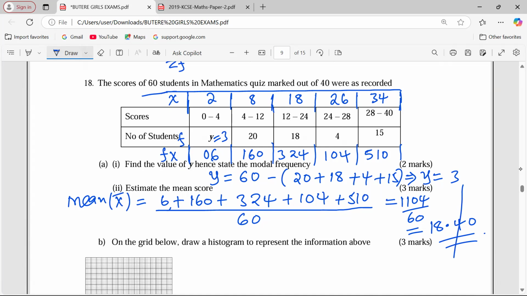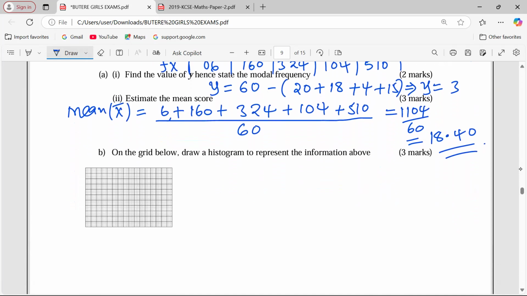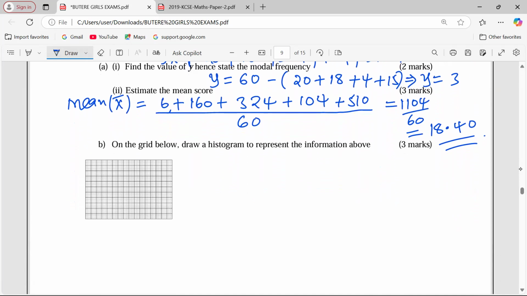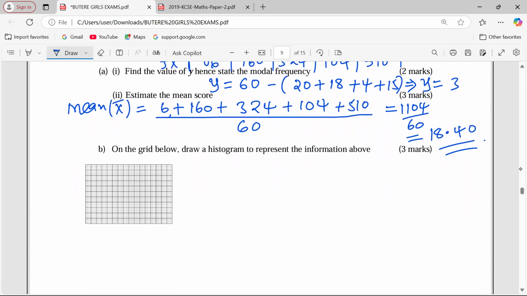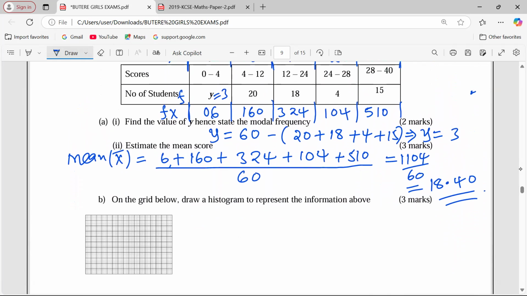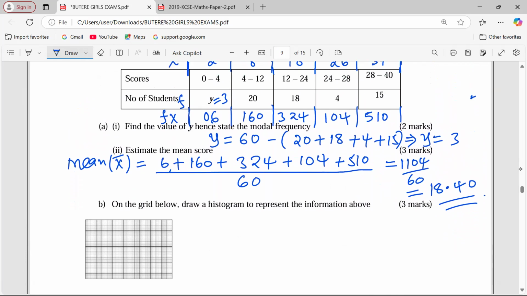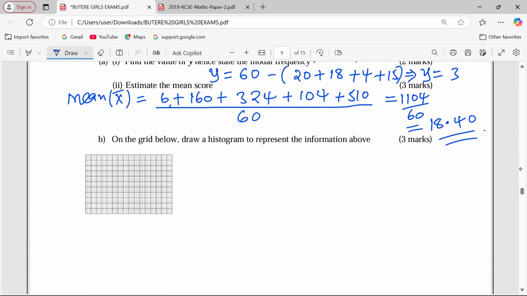Okay. Now we go to part B of this. On the grid below, draw a histogram to represent the above information. For us to draw a histogram, we're supposed to know 2 things.